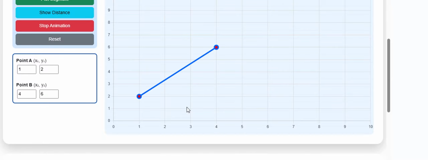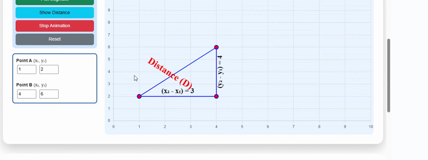That's how I plotted the points in this graph, and as you can see, this is point (1, 2), and then this is point (4, 6). If I show the distance, this is the distance we are actually talking about. You see that red text hovering around the distance. So this is the distance we are talking about.